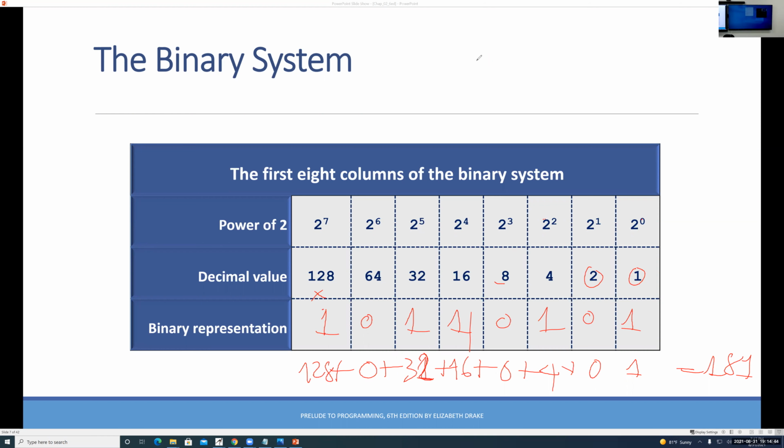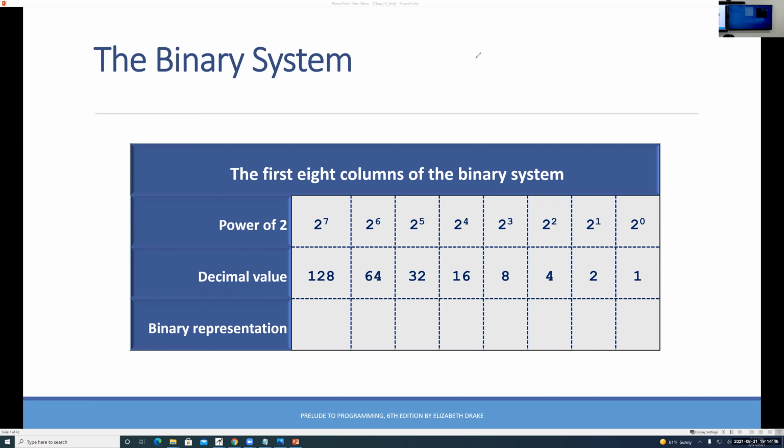So now think about this one. Let me give you another example here. If I have 0, 1, 1, 1, 0, 0, 0, 1 here, what do you think? What is the decimal number for this one? Let's see, it's going to be 103.